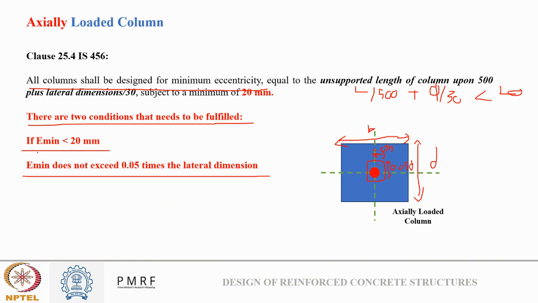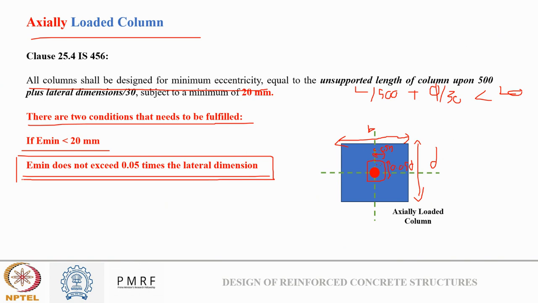Then also we say that it is almost at the center, and we design it as an axially loaded column only, and we don't take eccentricity into account. So just remember, this is a very important clause when we talk about axially loaded columns. The minimum eccentricity should not exceed 0.05 times the lateral dimension.